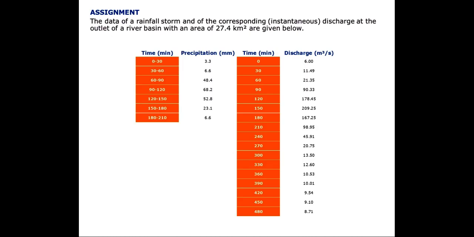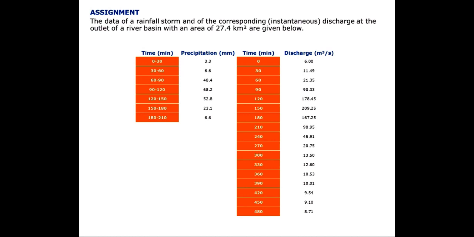Now for the assignment. The data of a rainfall storm and the corresponding instantaneous discharge at the outlet of a river basin with an area of 27.4 square kilometers are given below. On the left-hand side, you see time periods, so a block of 0 to 30 minutes, a block of 30 to 60, etc., and the corresponding rainfall during that period.